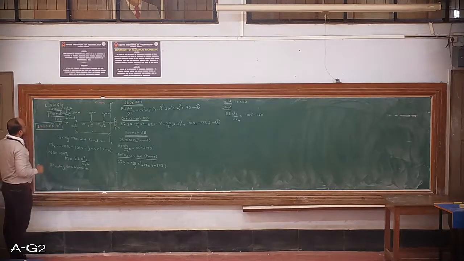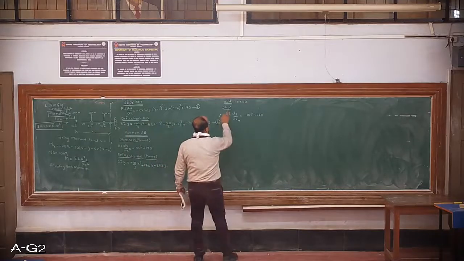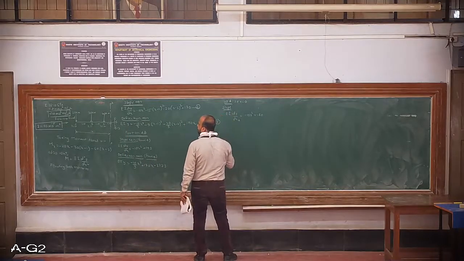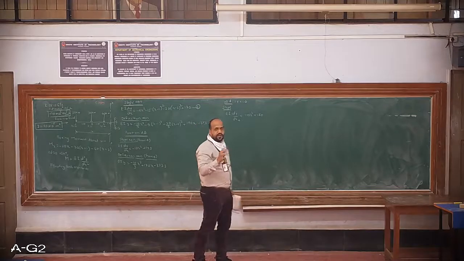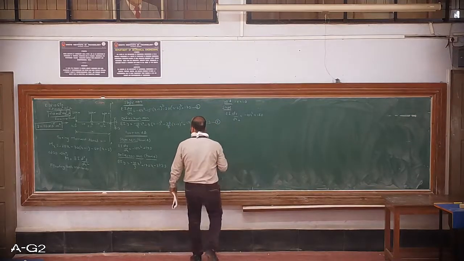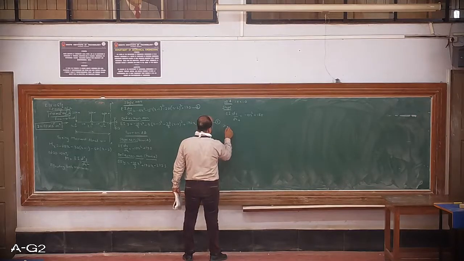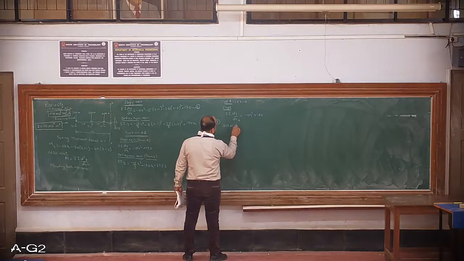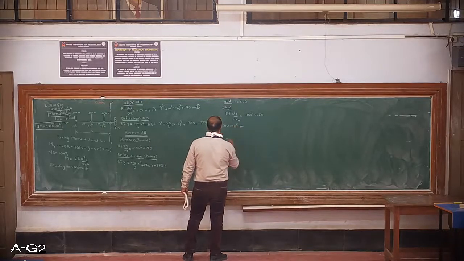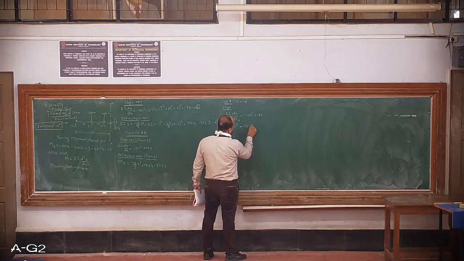At A, x is 0. E into I, what you can do is calculate that product once and keep it. No need to substitute or calculate every time. So E is 210 into 10 to the power 6 multiplied by I is 40 into 10 to the power minus 5.